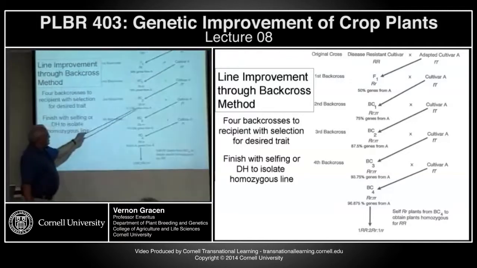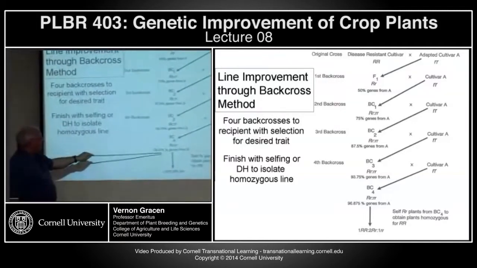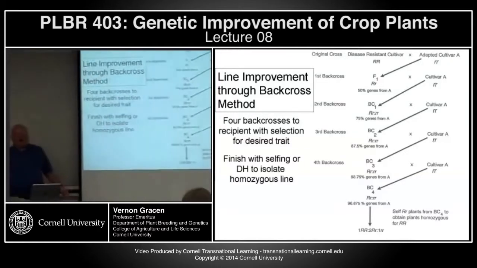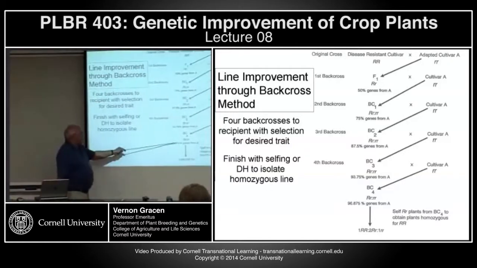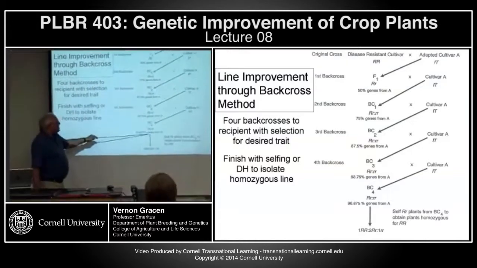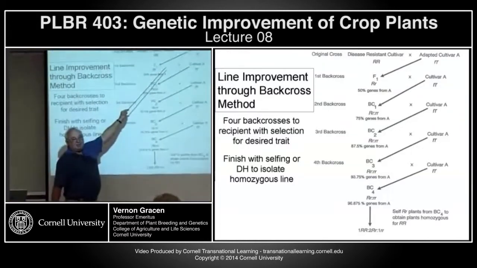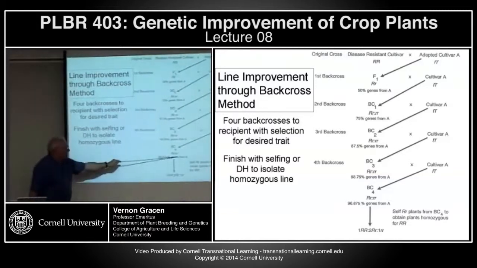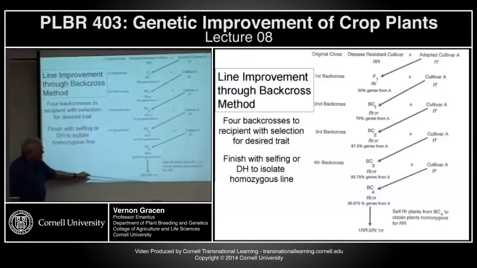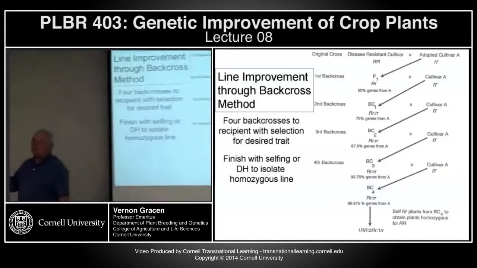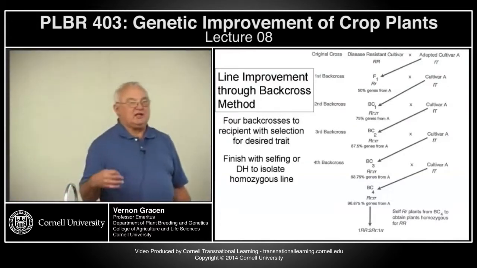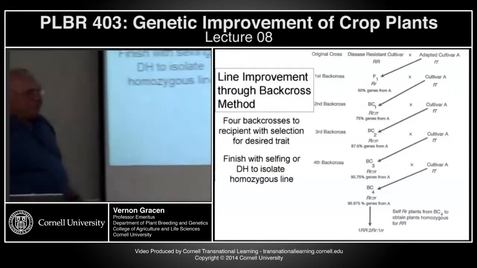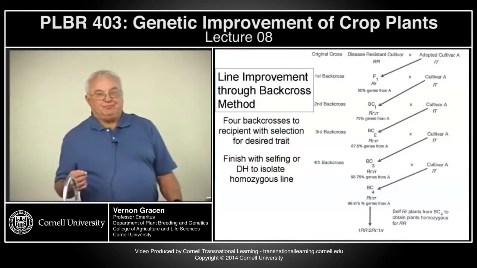Backcross 2 gets 87.5, 93 3/4, 98.9, so that ultimately you get a population that essentially has most of the genes from your adapted parent plus the single gene that you've added. That single gene is still segregating, so then you go through a self-generation so you can select only the homozygous dominant plants carrying that resistance gene.